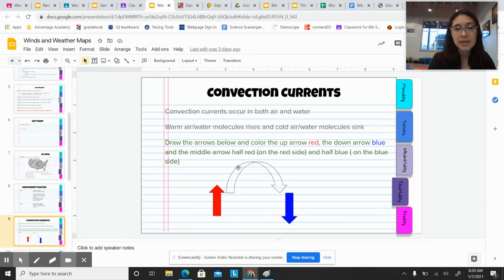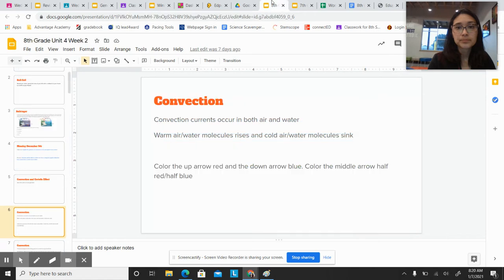So that's what I want to see in your notes when you attach it to your assignment today. Color this one red, this half red, this half blue, and the down arrow blue. So you know that cold air sinks and warm air rises.